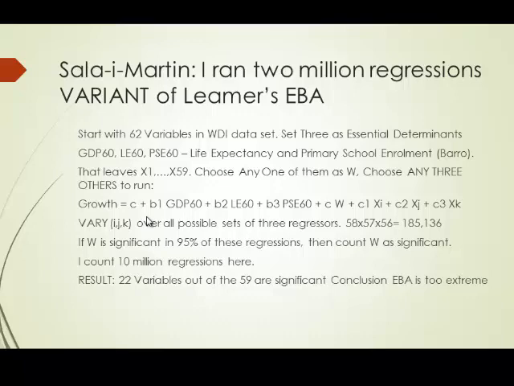So 3 are primary variables. I have the focus variable, which is percentage of Protestants, and that's 4. So I'm left with 58 variables. I'm not going to put in all combinations of 58. I'm going to put in all combinations of 3 variables chosen from these 58. Okay, so that's still millions of regressions.